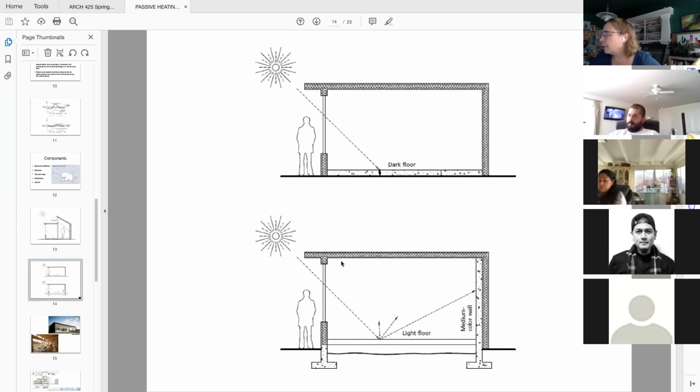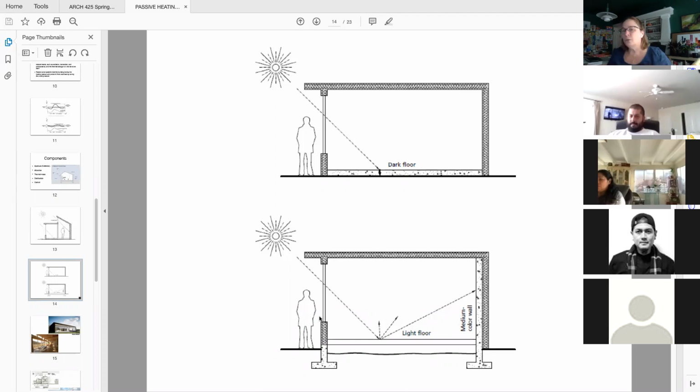Okay, one important thing to note too. When we are talking about our building envelope and insulation and solar heat gain factors and how your glazing can really affect the thermal performance of your building, that is all true.